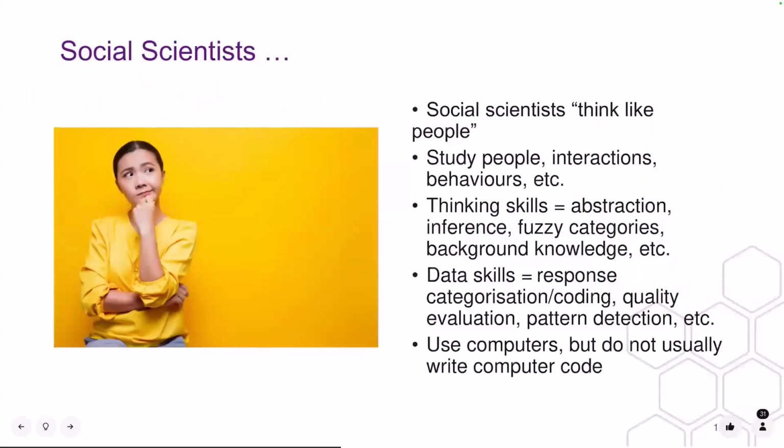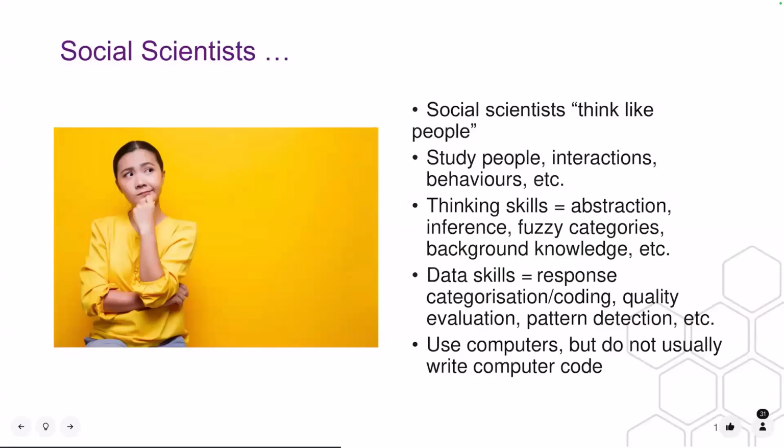So we're going to talk a bit about how to become a computational social scientist. First we'll start by covering what a social scientist is. A lot of generalizations here, but social scientists are used to thinking like people.